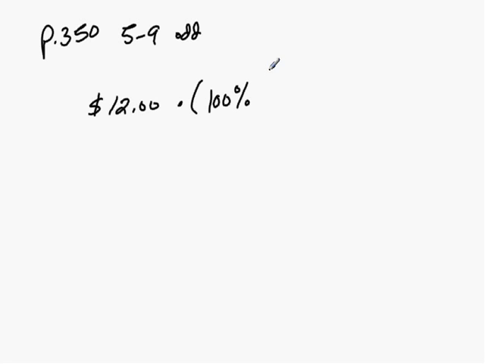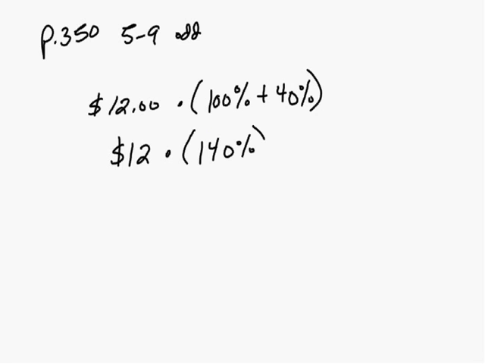Multiply by 100% because we need to take into account that $12. 40% markup. So it's going to be $12 times 140%. When I multiply those two numbers together, I get $16.80.